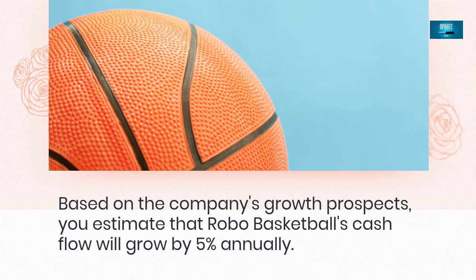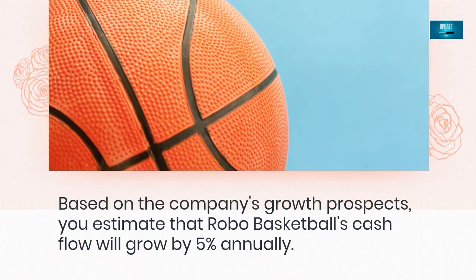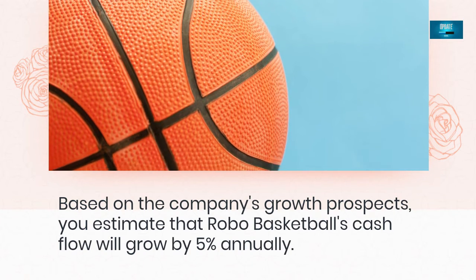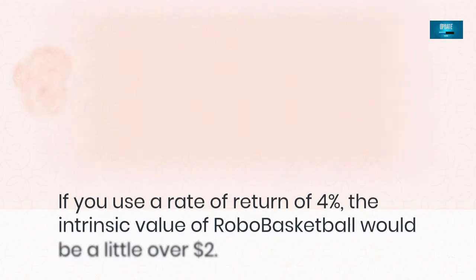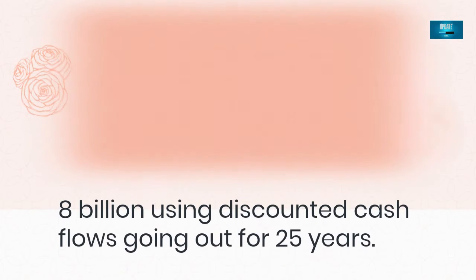Based on the company's growth prospects, you estimate that Robo Basketball's cash flow will grow by 5% annually. If you use a rate of return of 4%, the intrinsic value of Robo Basketball would be a little over $2.8 billion using discounted cash flows going out for 25 years.